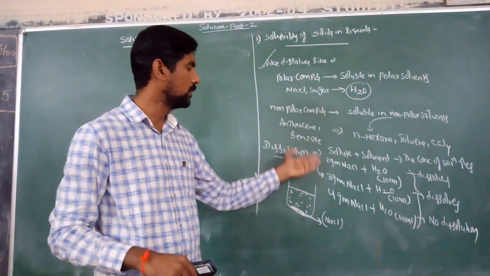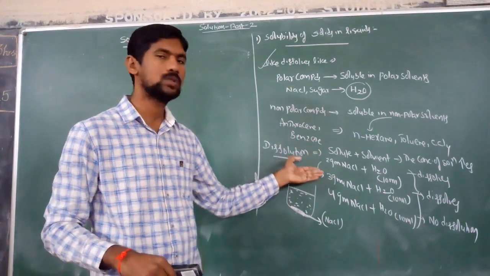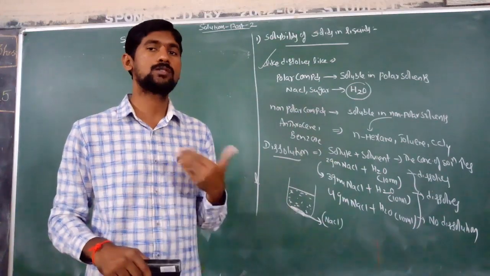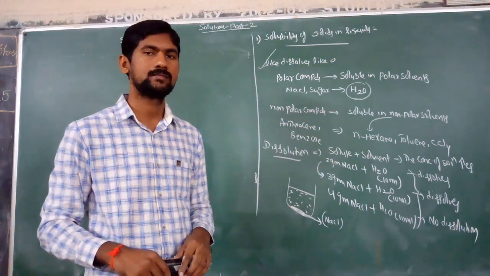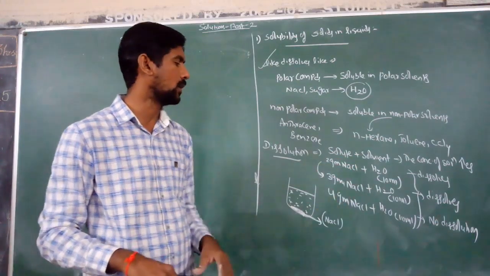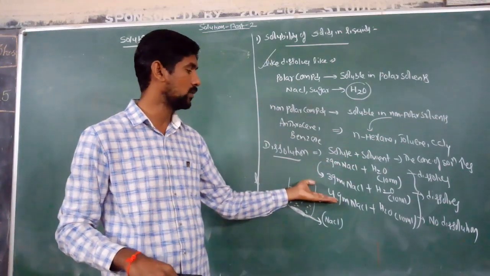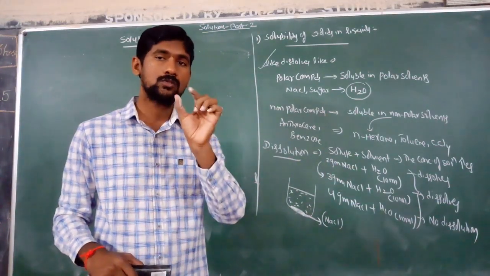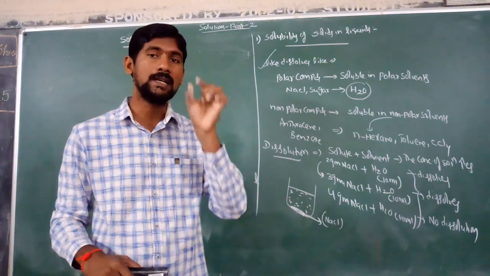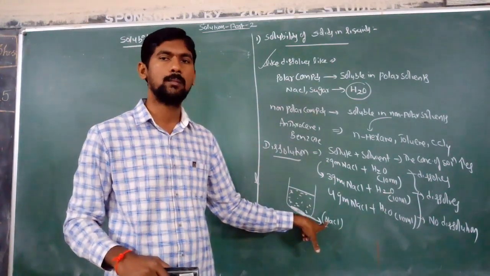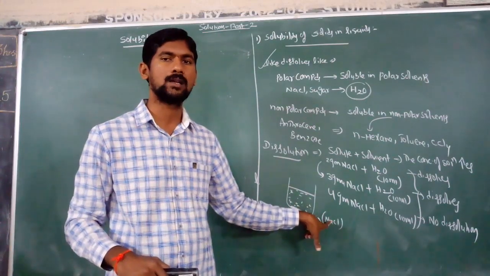Whenever you continue to add solute to solvent, at a particular stage a point is reached where no more solute is dissolved in the solvent. 2 grams completely dissolved in water, 3 grams completely dissolved. If you increase the amount of solute, 4 grams of sodium chloride in water, some amount of sodium chloride is present in undissolved state, as precipitate settled at the bottom.